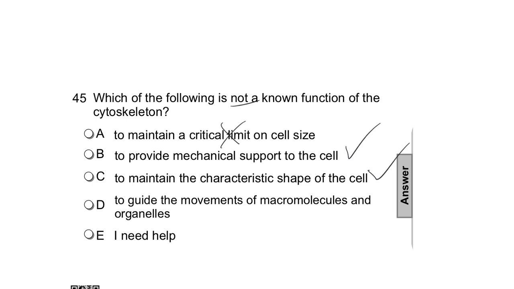To guide the movements of macromolecules and organelles? Yeah, they're like little roadways that either hold them in place or move vesicles and lysosomes. Like there's little protein motors that move organelles on these cytoskeleton fibers, roads as it were.